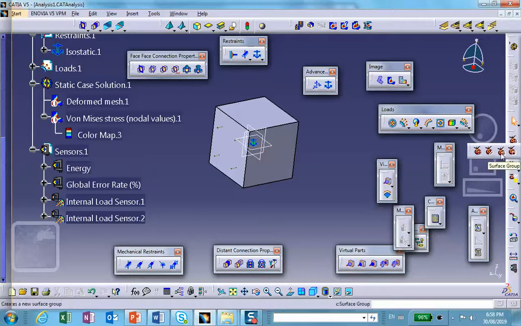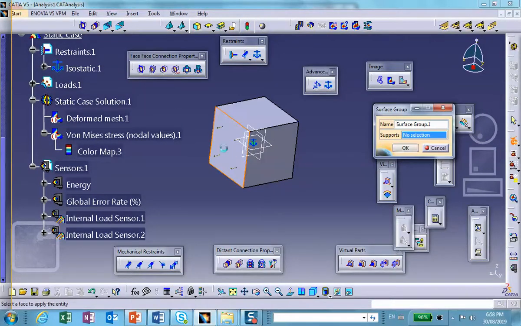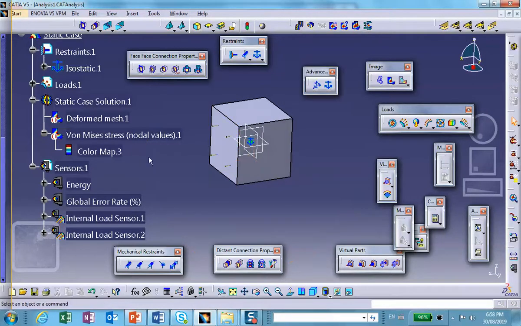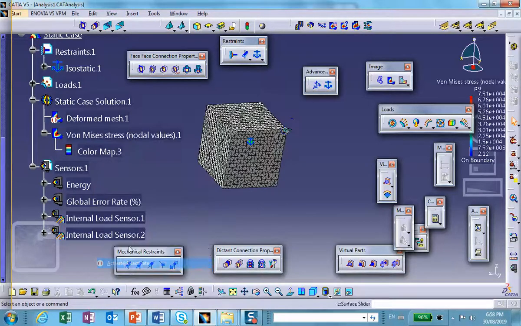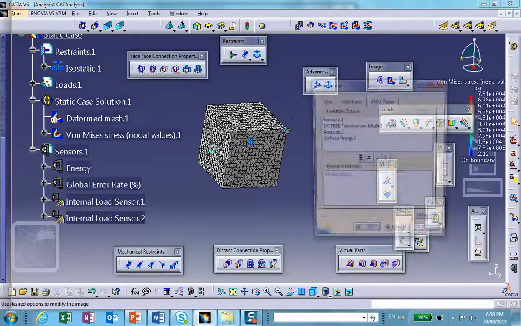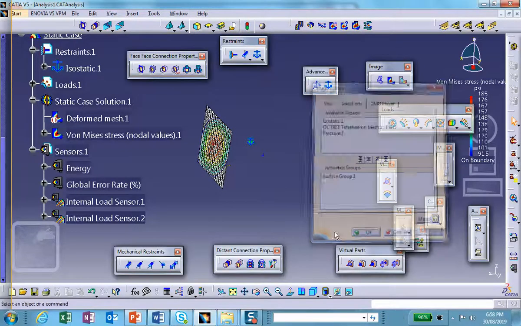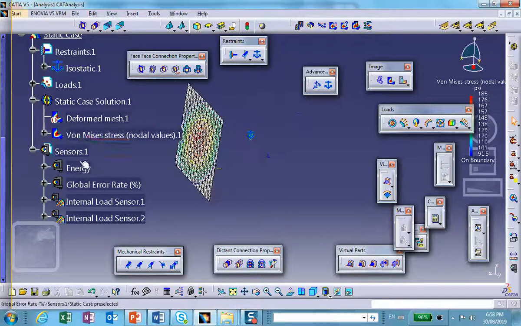On this face, obviously, I applied a pressure of minus 100 psi. And now we're going to activate the 1 meter stress and select the surface group. And just show me the material shading right here.